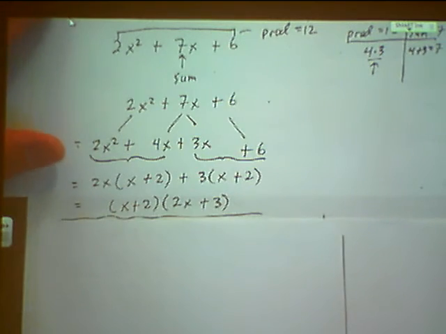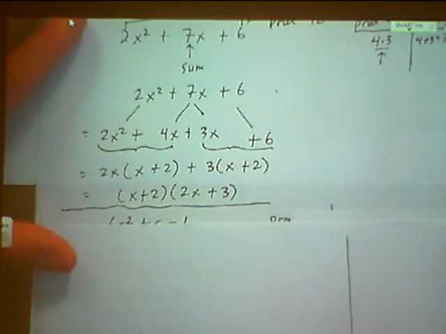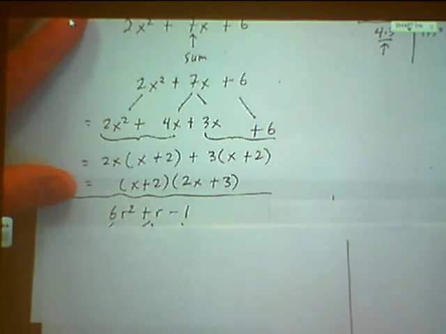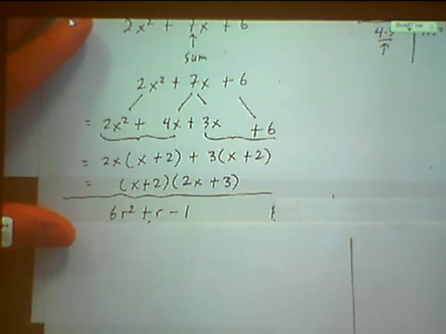Now here's a second example I did. 6r squared plus r minus 1. Once again, I have a coefficient for the squared term. So you go ahead and do your product sum. The product is going to be 6 times negative 1, or negative 6. The sum is the coefficient in front of the middle term.